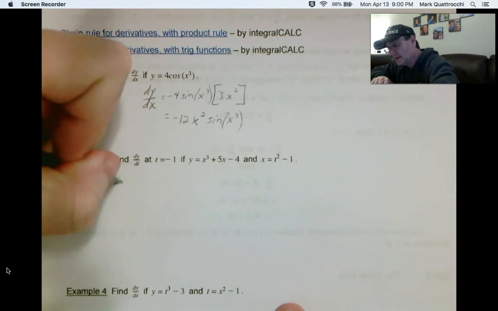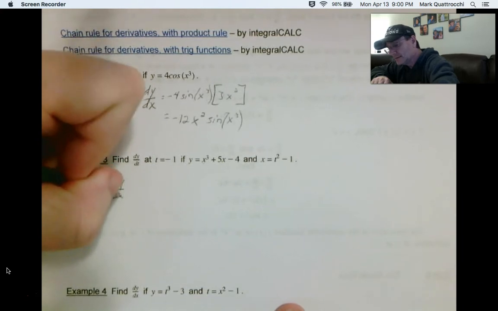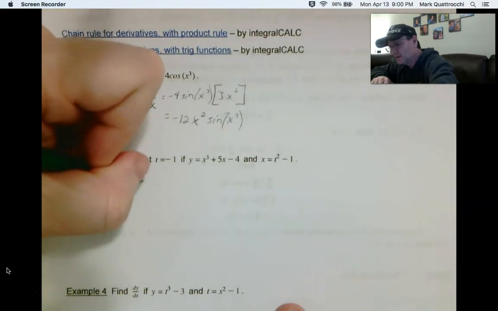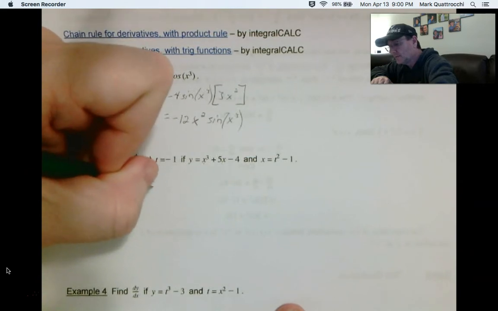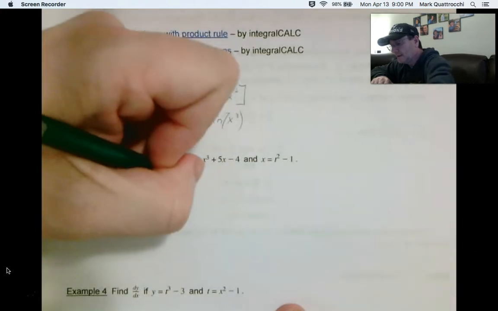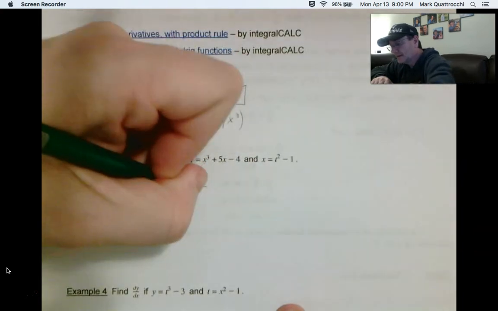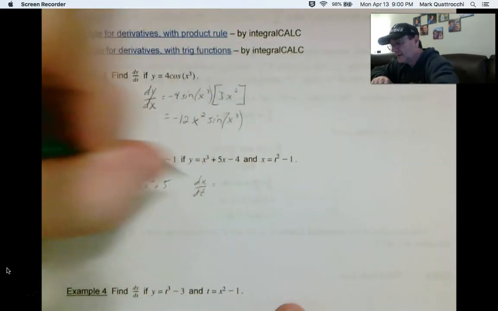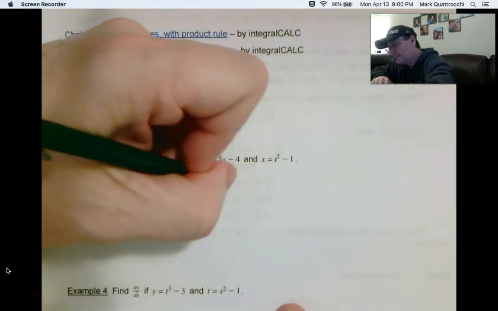dy/dx is going to equal 3x squared plus 5, and dx/dt is going to equal 2t.